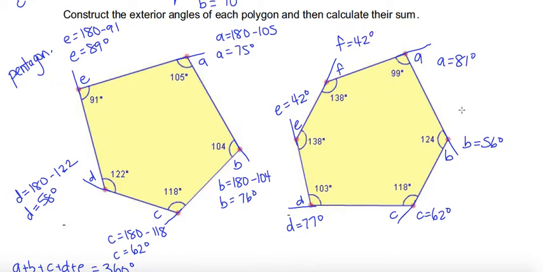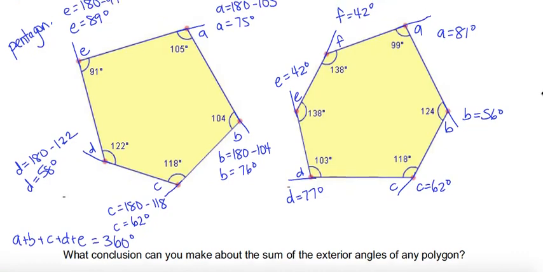So now that I have all of my exterior angles, I'm going to add them all together. I'm going to take A plus B plus C plus D plus E plus F. So 81 plus 56 plus 62 plus 77 plus 42 plus 42 equals 360 degrees.